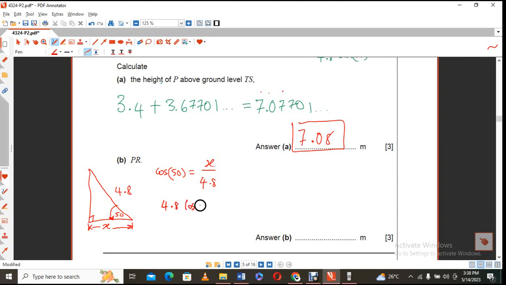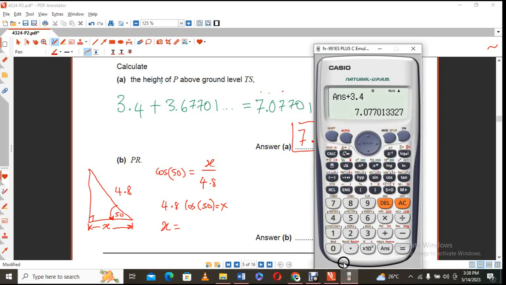We can think of that as cross multiplication, and that is going to give me my value for x. If I get my calculator, this is what you can do: press cosine of 50 degrees first, put it in brackets, and then press multiply by 4.8. Otherwise, if you put the 4.8 in front, you don't have to put multiplication.